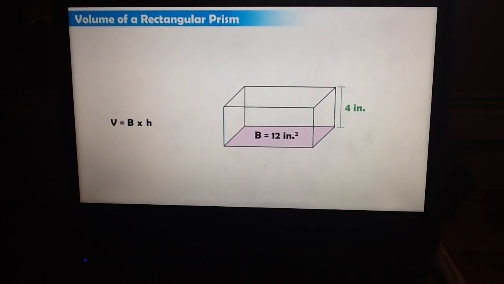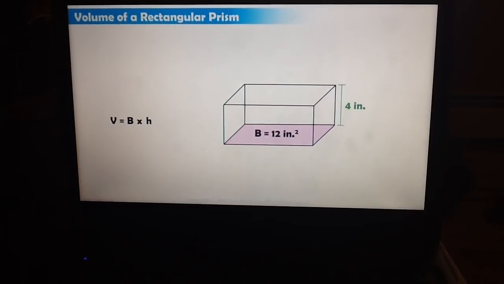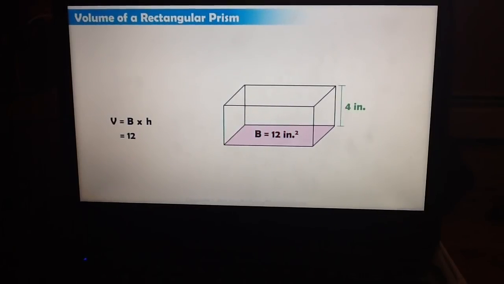Let's now calculate the volume of our rectangular prism using this formula. The area of the base is 12 inches squared, so we substitute 12 for B, and we replace the height, H, with 4. Now our formula reads as V equals 12 times 4.